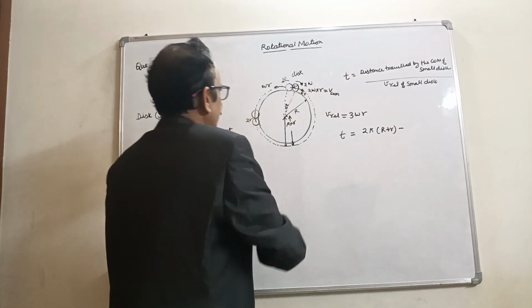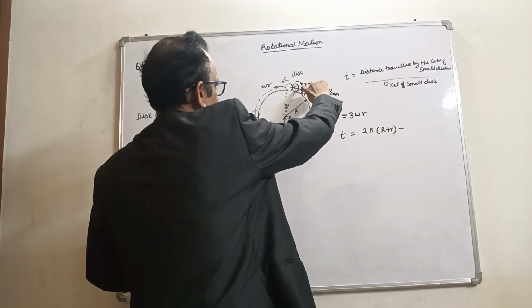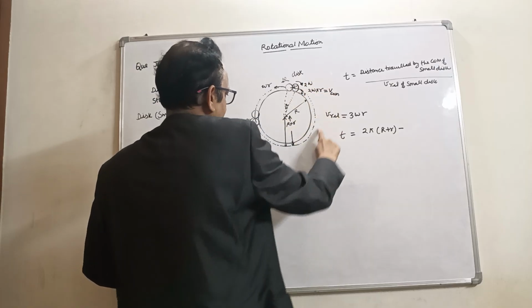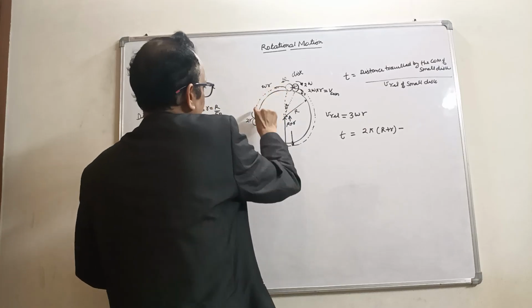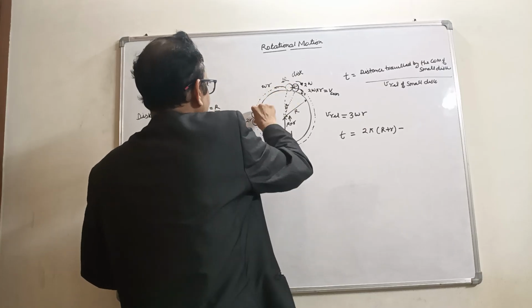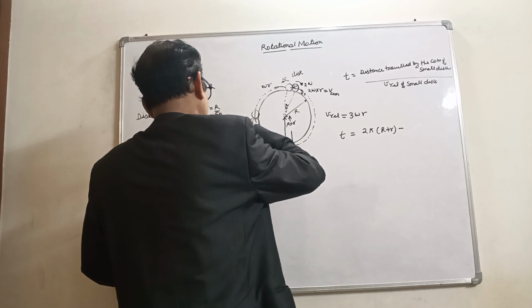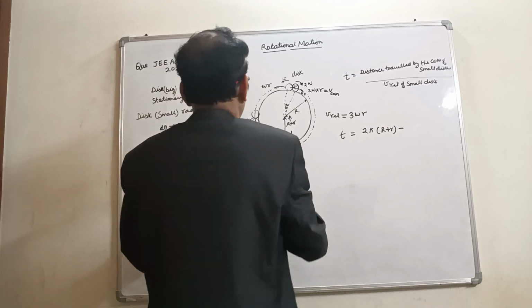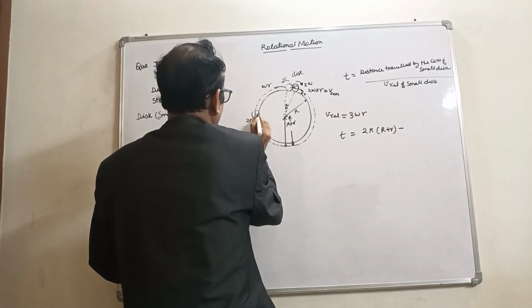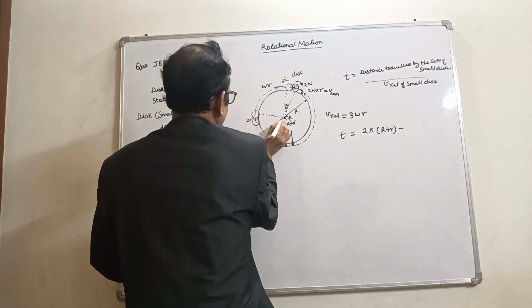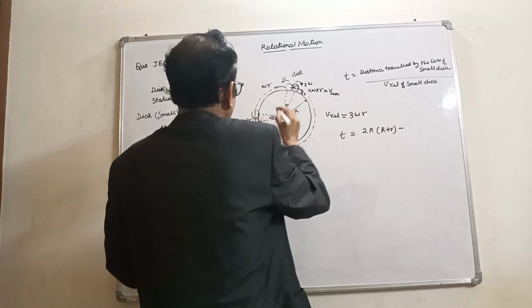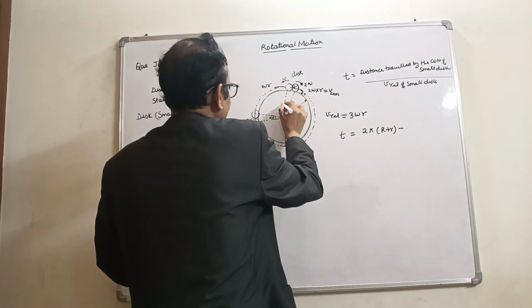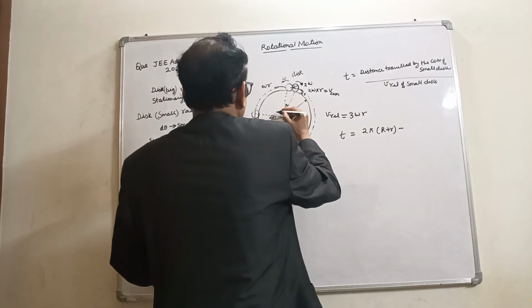But the distance traveled by both disks would be this path and this path. Suppose this is the center of the disk and a small angle theta is placed here. So d theta and d theta, this portion would be reduced.